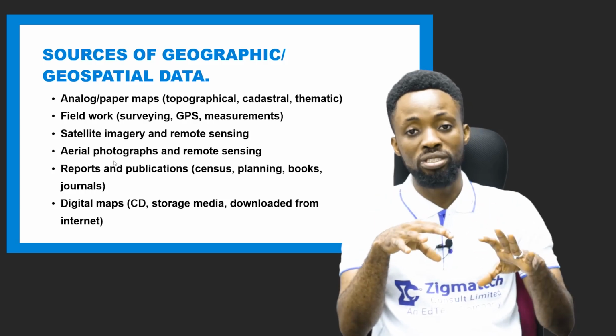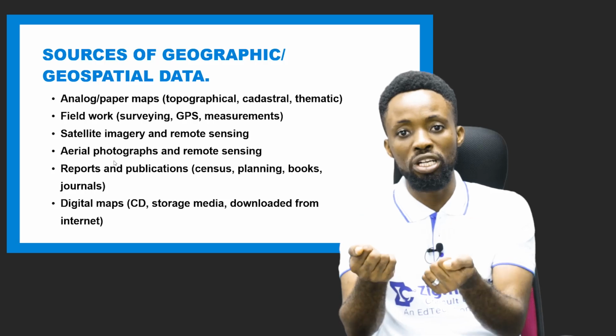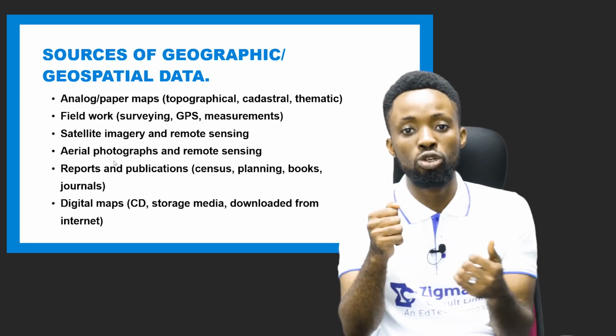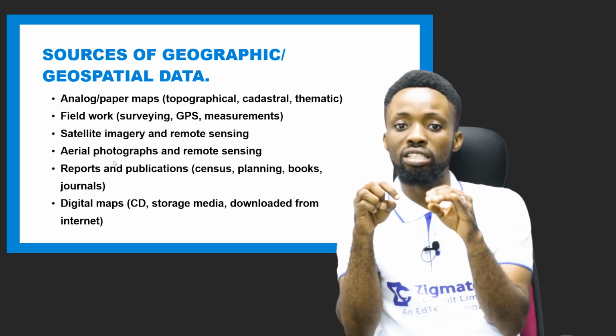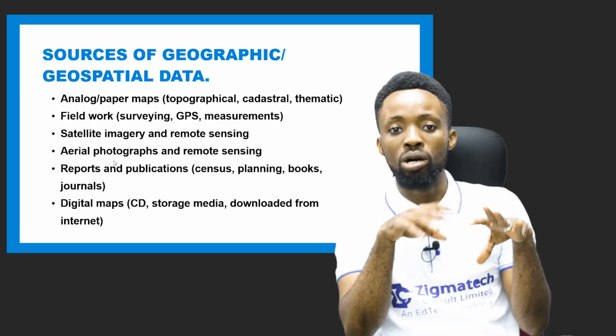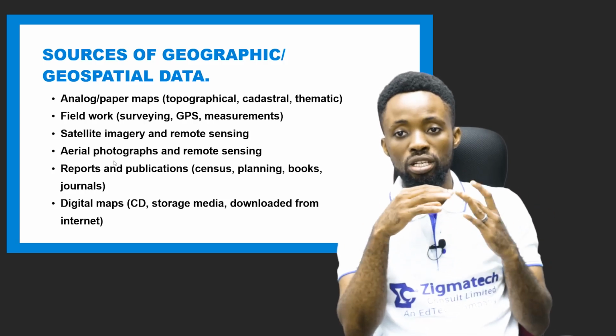All of these maps that are analog are sources of geospatial or geographic data. So it means that we can consult them to get certain data or information about a particular place or thing that is found on the Earth's surface.